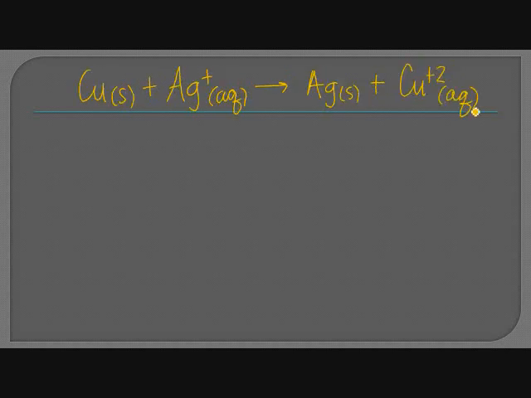So after we've written our net ionic equation, now we're going to break it apart into the two separate parts, right? Okay, so we're going to separate the coppers from the silvers. So we have copper solid turning into copper +2 aqueous for one of our equations, and then we have silver +1 aqueous turning into silver solid.